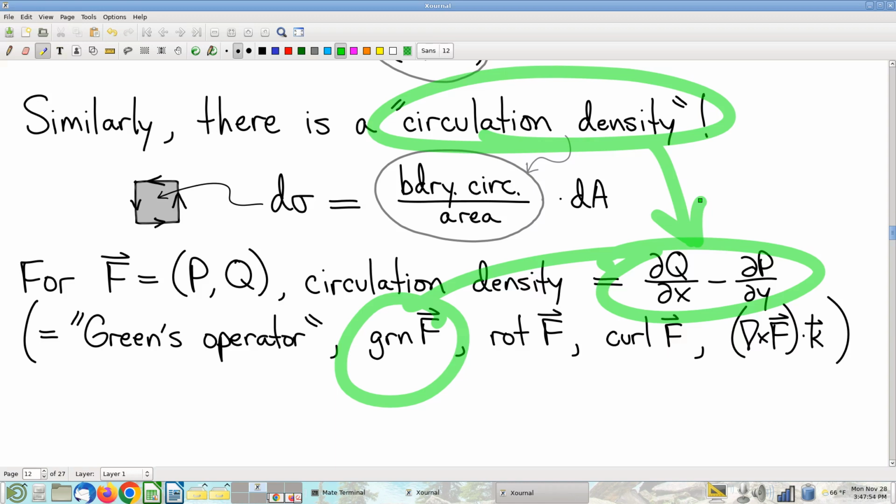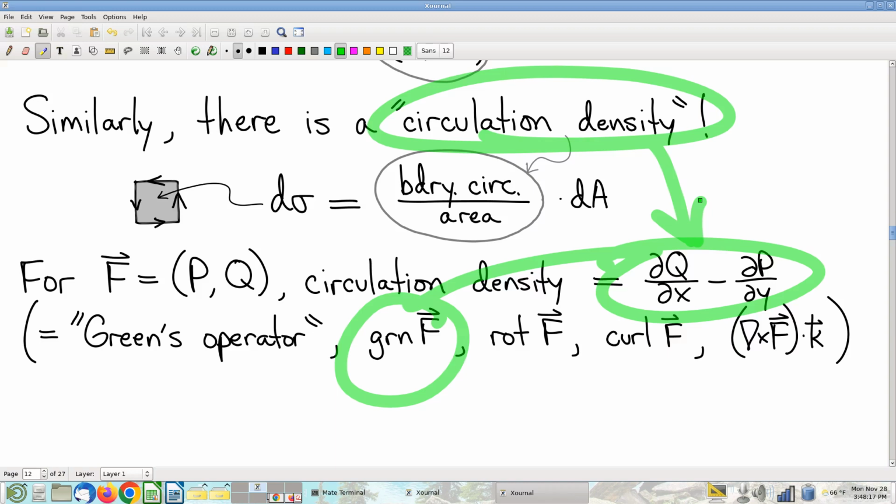You give me the vector field, I can compute Green's operator. I don't really care which region or around which curve. None of that matters. The domain doesn't matter to compute circulation density when you're doing Green's theorem. The density is independent of the surface, of the region or the curve that you're looking at.